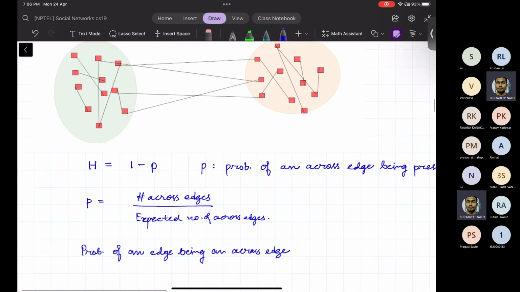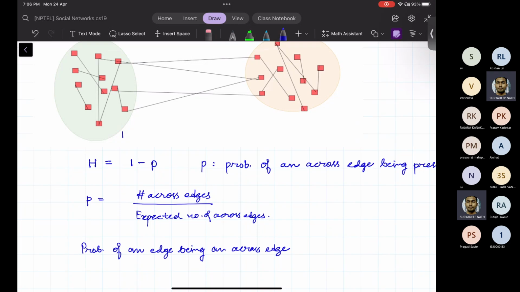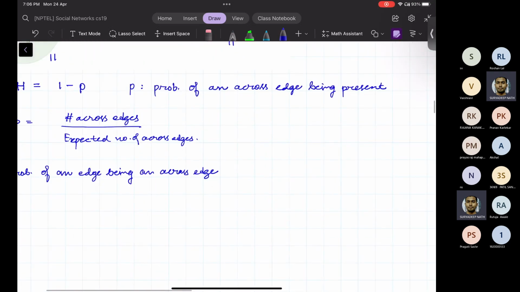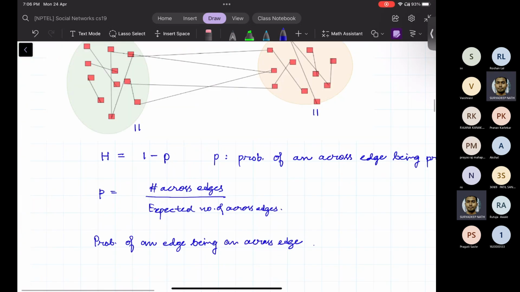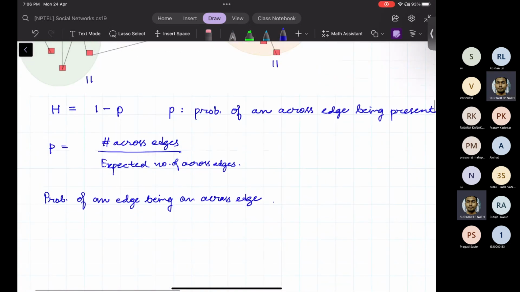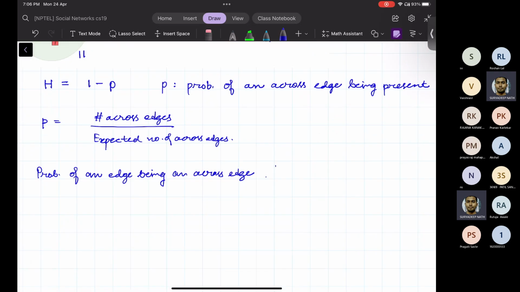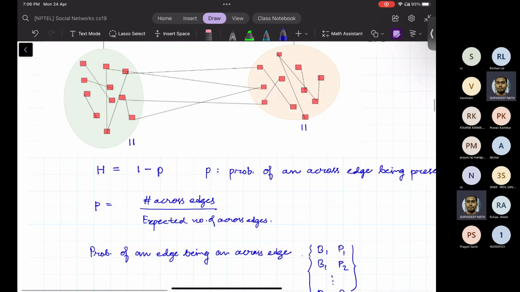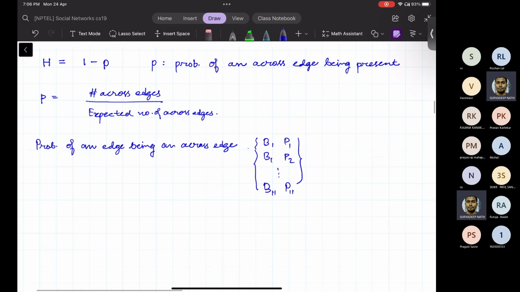So you have, I think, 11 students here, 11 students here. For across edges, it would be pairs like B1, P1, B1, P2, and so on. Let's say B11, P11. So these are the pairs that we are looking for. B represents BTech students and P represents PhD students.